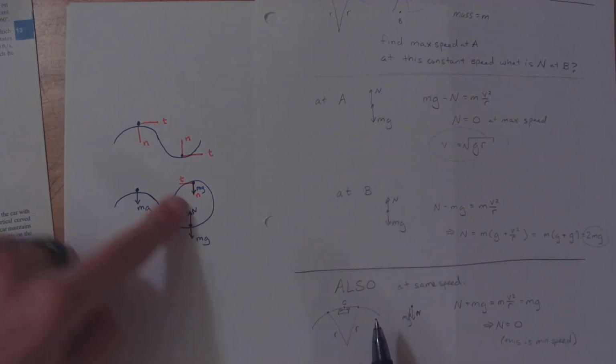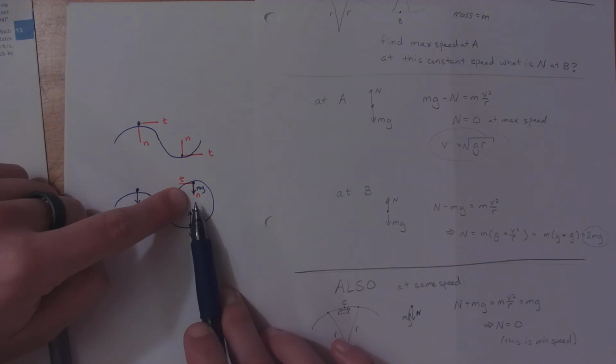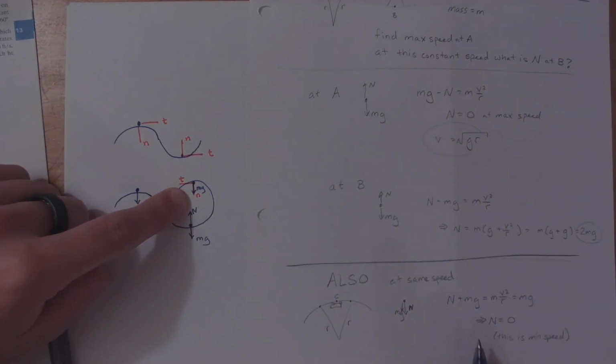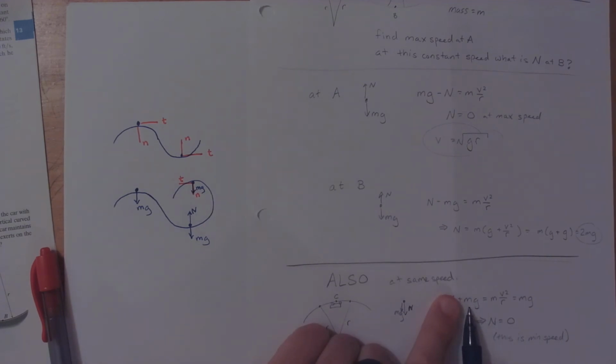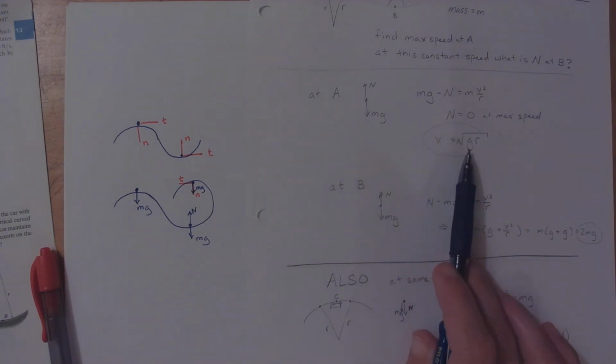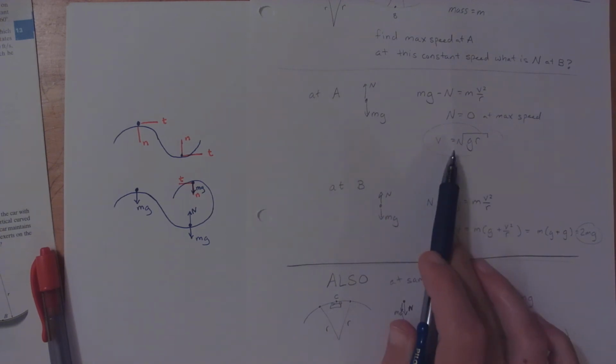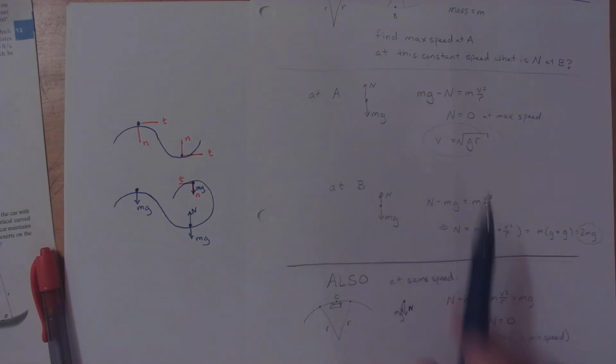So we just have a force of gravity acting in the positive normal direction, which gives us the same equation that we had up here. So we have the normal force is equal to 0, mg is equal to mv squared over r, and so we actually get v is equal to the square root of g times r, which is the same speed that we got up here, but here it was a maximum speed and here it is a minimum speed.